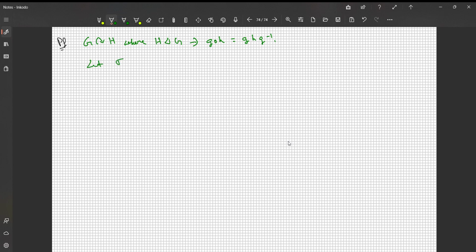Let sigma g be the mapping from H to H such that sigma g of an element h is mapped to g h g inverse.